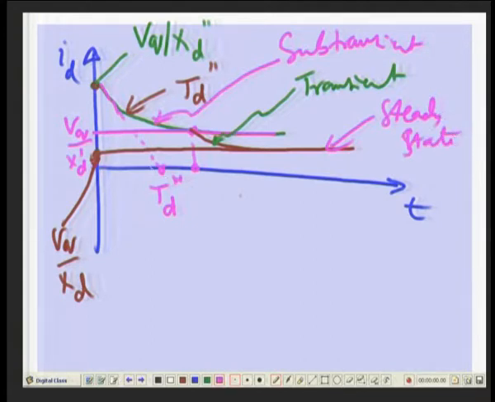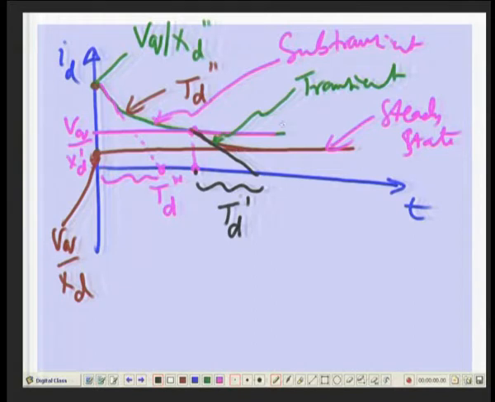So, Vq by, now when this is Td double dash, how will this fall down? If you plot this, this will be Td dash. Is it clear? Your d axis component, which is finally DC, will go this way.